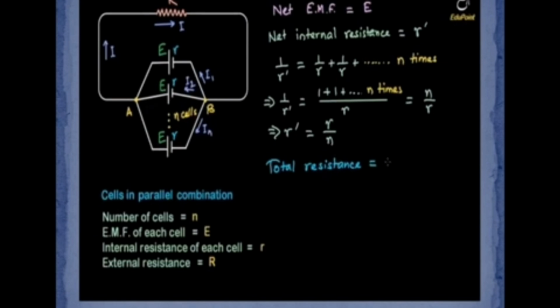So we can write R plus r by n. Here the two resistors are in series. That's why we are adding the two resistances, the internal resistance and the external resistance R.